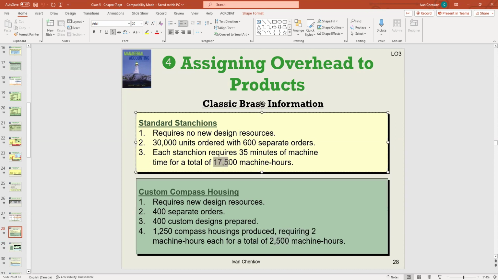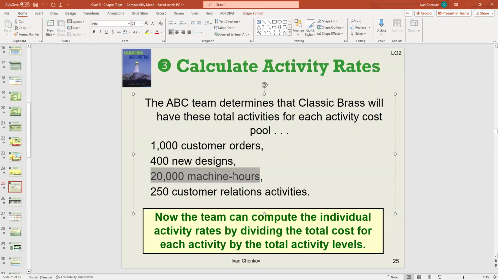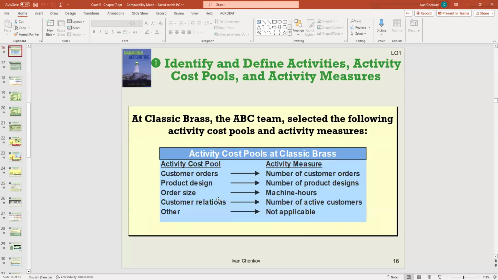So the 17,500 and the 2,500 hours is exactly the 20,000 hours, which will come up here for determining the activity. Our activity here was, let me find it quickly, order size.